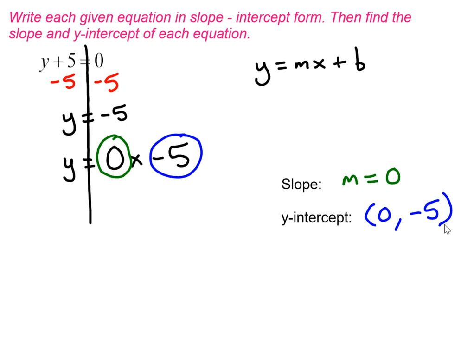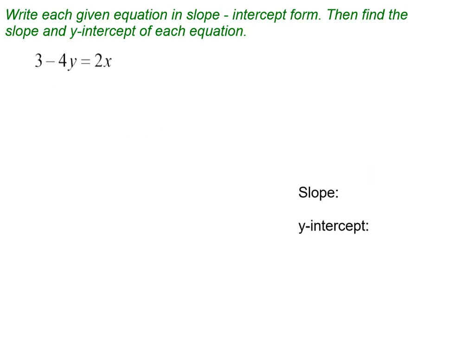Let's go ahead and look at our next example here. So once again, I'm going to draw a line right down my equal sign here. And my first step is going to be to subtract 3 on both sides, because I want my equation to be y equals mx plus b.